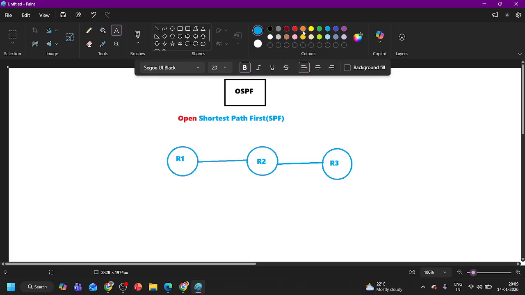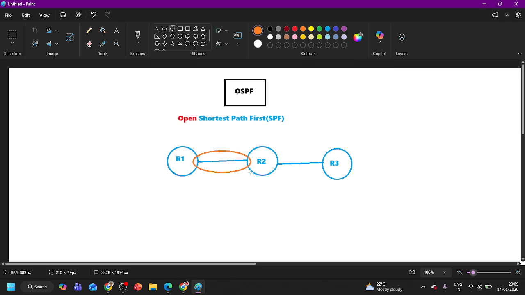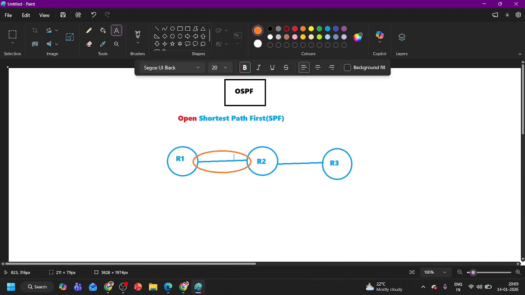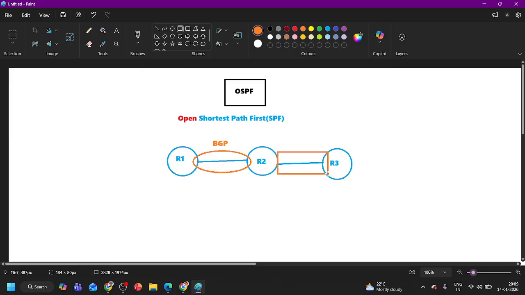But here I can run two routing protocols. On this segment I can configure any routing protocol like BGP, and in this segment I can configure any routing protocol like OSPF, right? Or let me say BGP and EIGRP and OSPF.